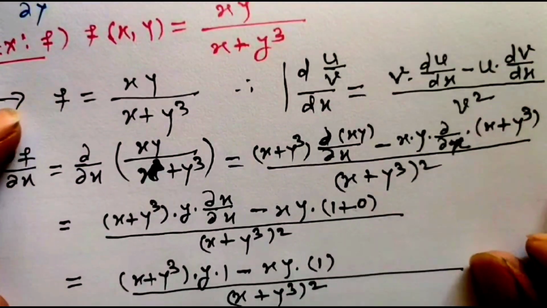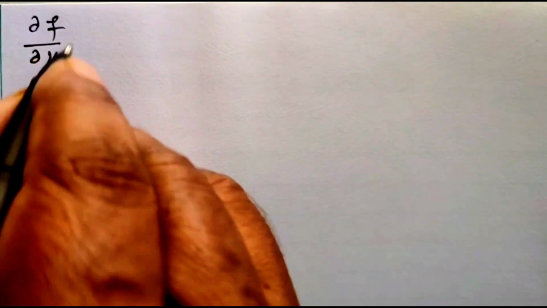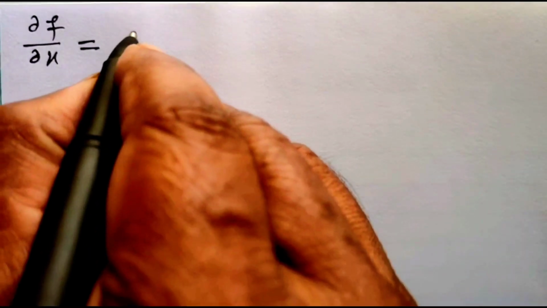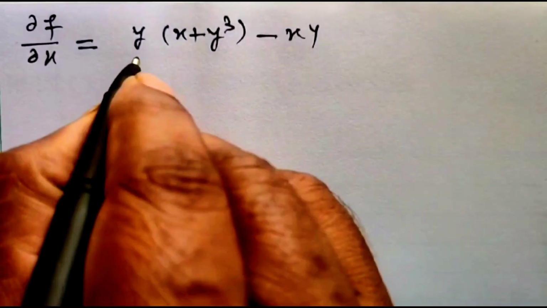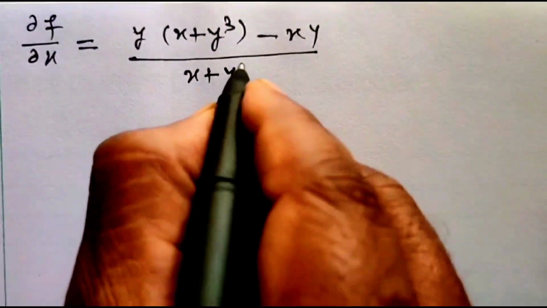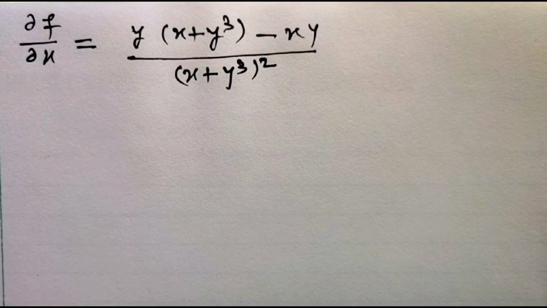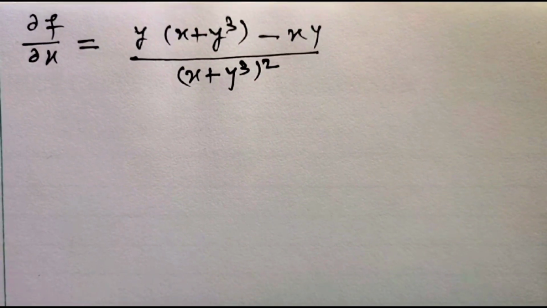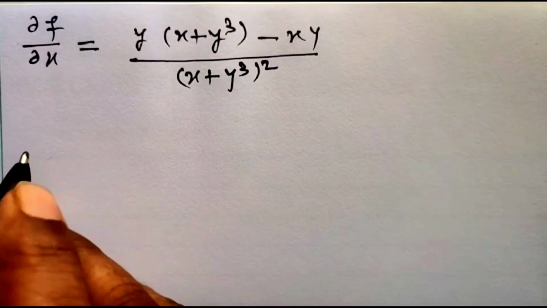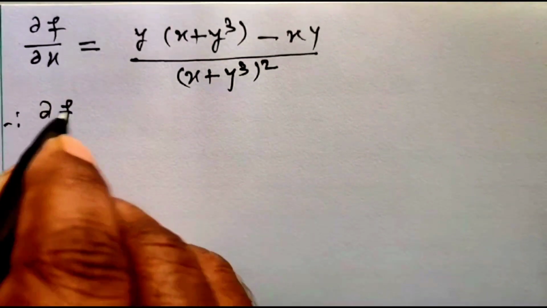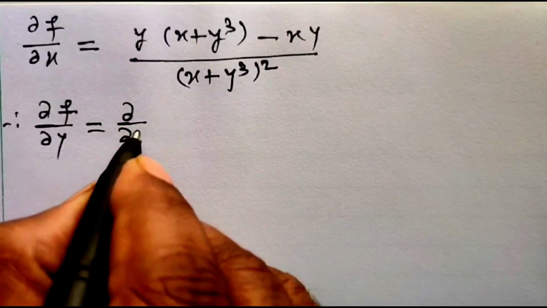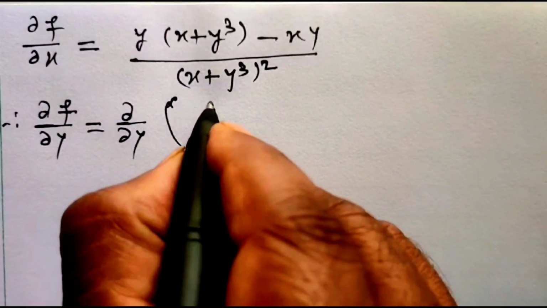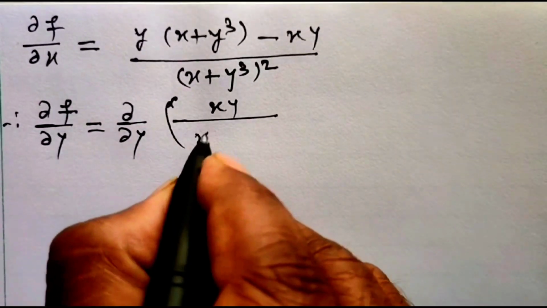So simplify this, hence the partial derivative of f with respect to x, after simplification, is equal to y into x plus y cube minus xy divided by x plus y cube square of this. Now we have to find the partial derivative with respect to y, considering x as constant. Hence the partial derivative of f with respect to y is the partial derivative with respect to y of f, which is xy divided by x plus y cube.